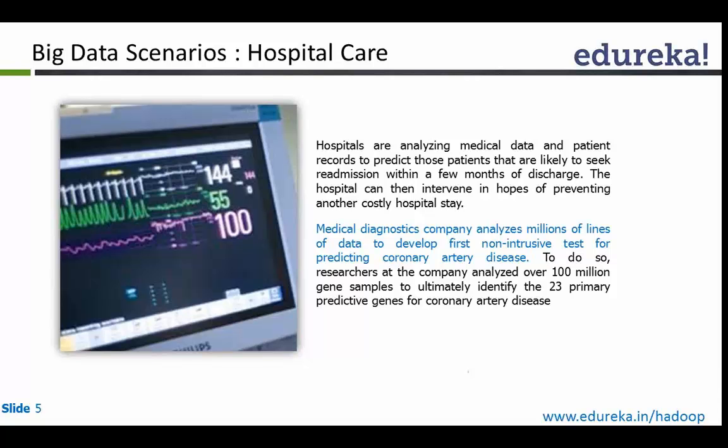It also helps insurance companies make the right investment or the right insurance policies for patients. So there could be a lot of scenarios where the healthcare sector can also leverage this. That's a quick example of how we could do that in the healthcare sector.